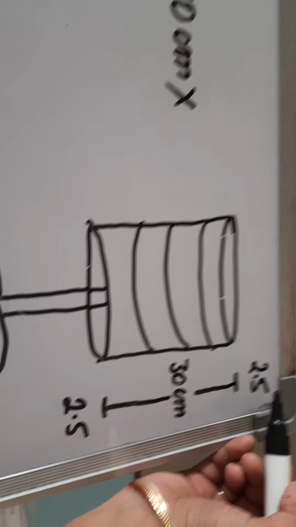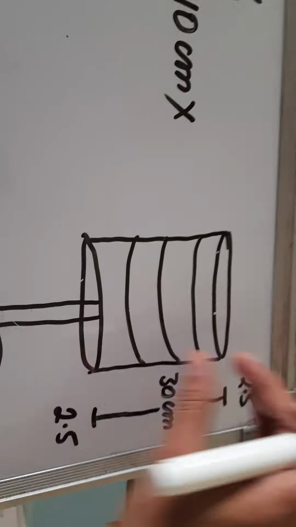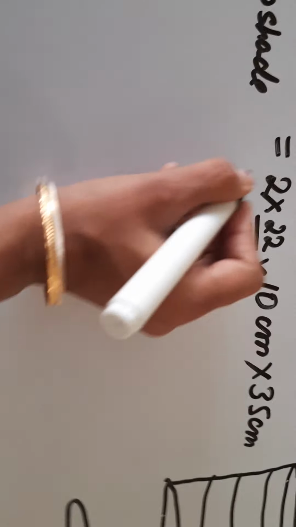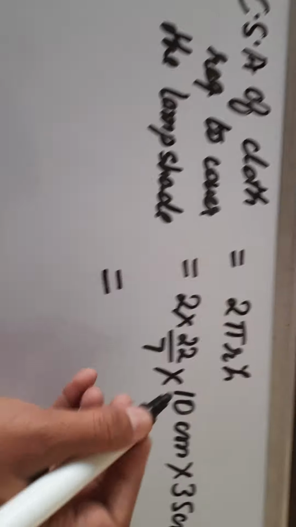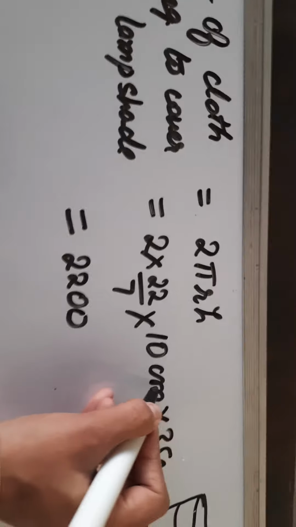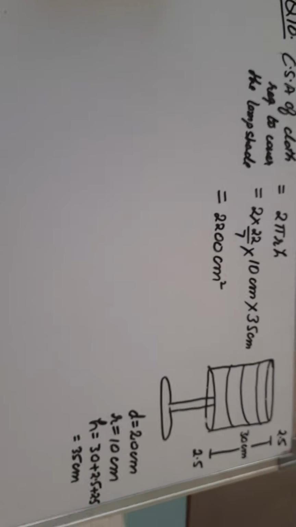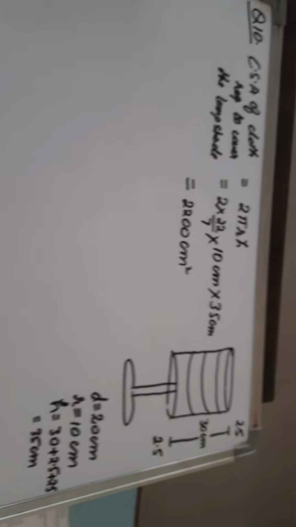Dear students, do not forget adding the margins also, because this much cloth extra is needed to make this lampshade. So total height of the cloth required is 35 centimeter. When you do this calculation, you will get the cloth required is equal to 2200 centimeter square. This will be the total cloth required in making this lampshade.